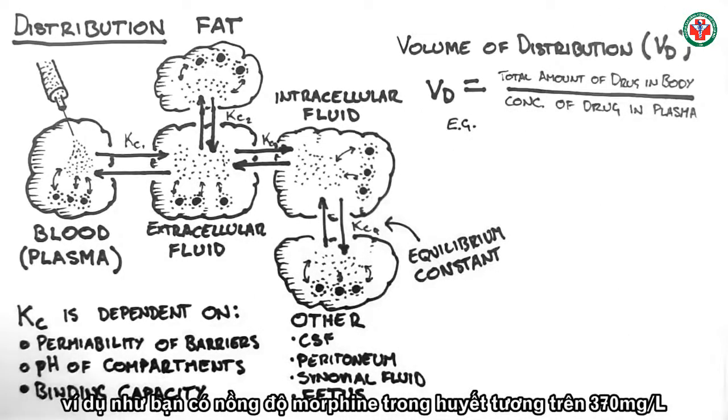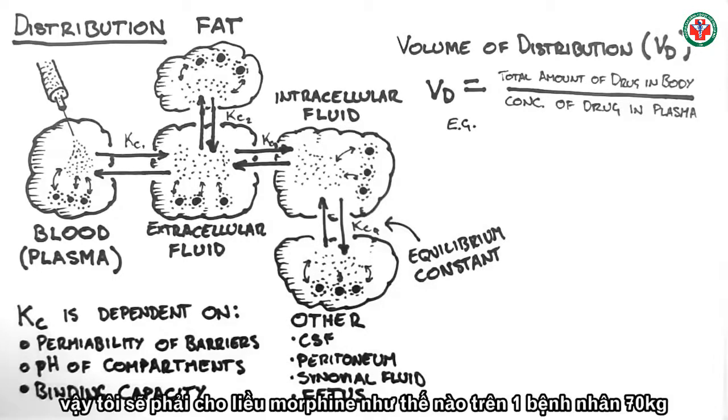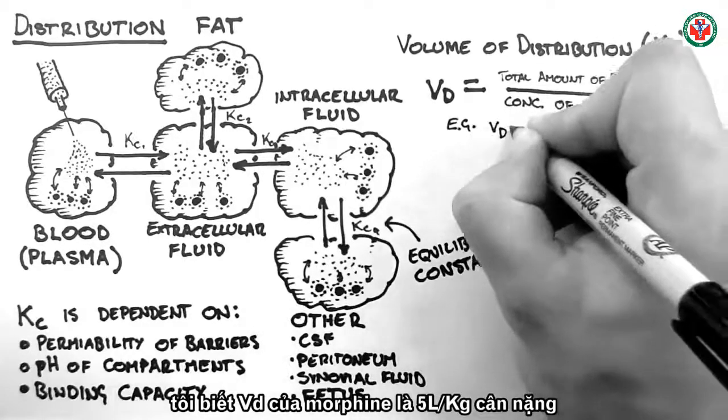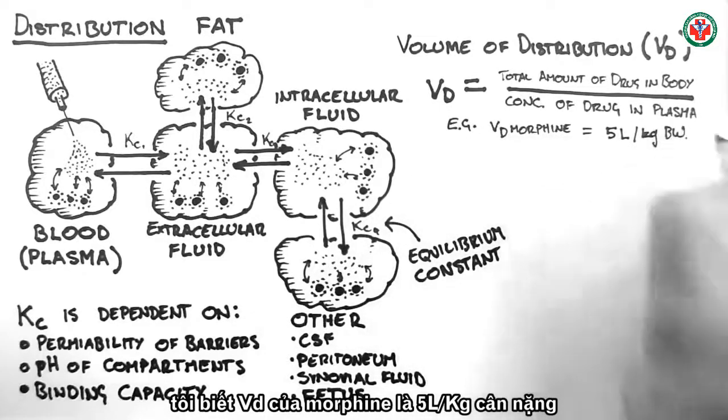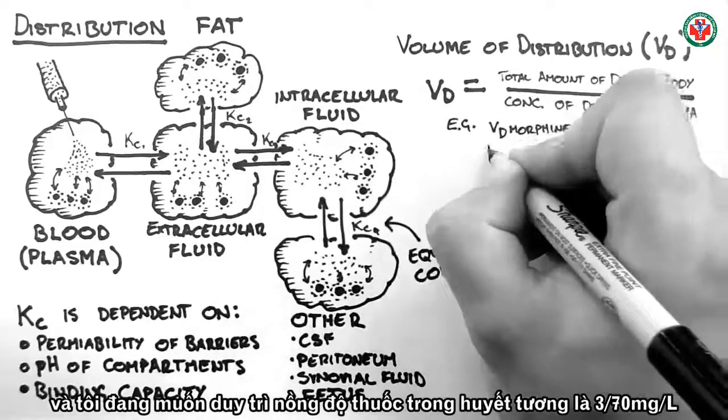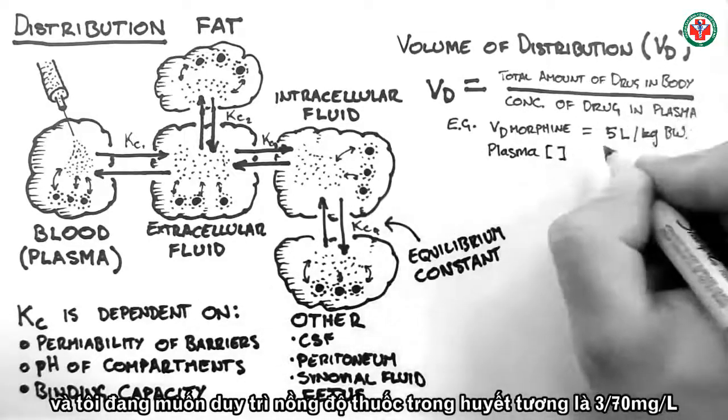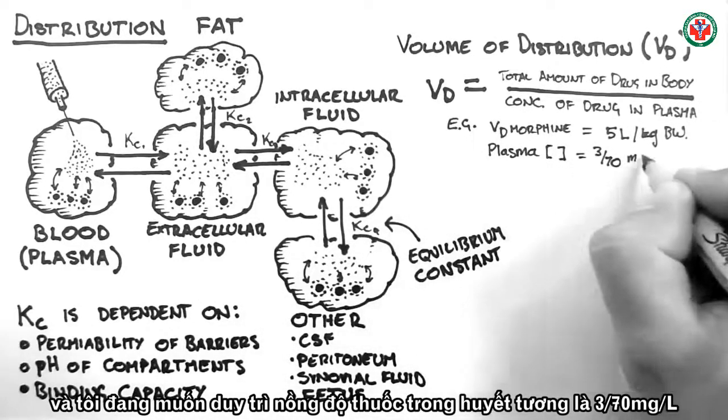Say I want to get a plasma concentration of morphine of 3/70 of a milligram per litre. How much morphine do I have to give a 70 kilogram patient? I know that the volume of distribution of morphine is about 5 litres per kilogram of body weight, and I'm trying to achieve a plasma concentration of 3/70 of a milligram per litre.